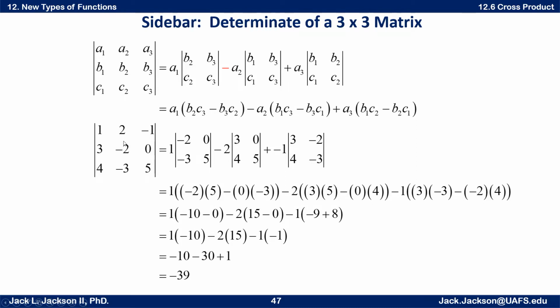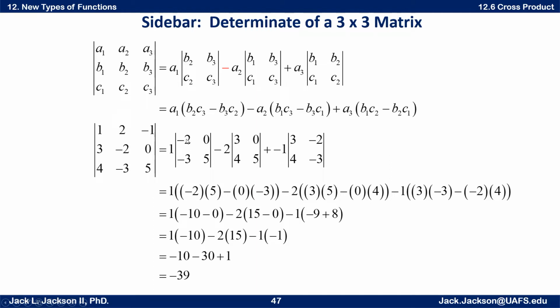The minor for the 1: eliminate that row and column, and you're left with -2, 0, -3, 5. For the 2, eliminate its row and column, and we're left with 3, 0, 4, 5 in that relative position. If we eliminate the -1's row and column, we're left with 3, -2, 4, -3.